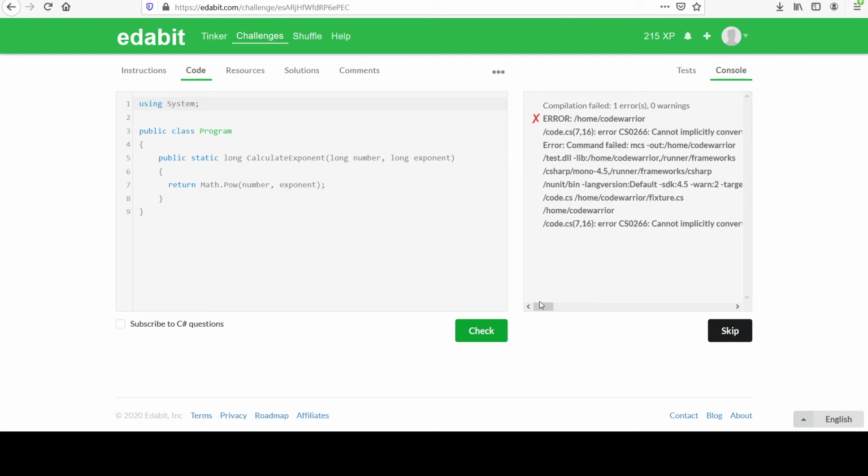Casting is a handy little technique that allows you to sort of reinterpret the value as another type. So the syntax for doing that is you basically precede, in parentheses, the name of the type that you want to cast to.